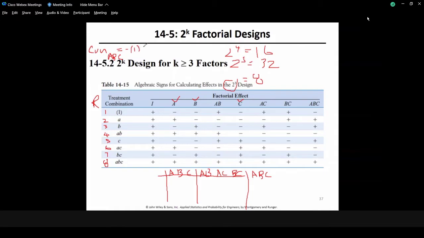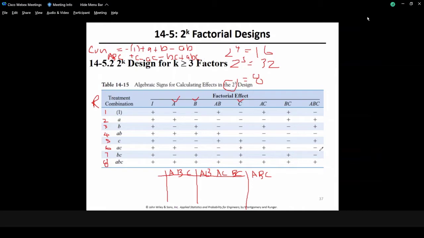Minus 1, plus A, plus B, minus AB, plus C, minus AC, minus BC, and then plus ABC.